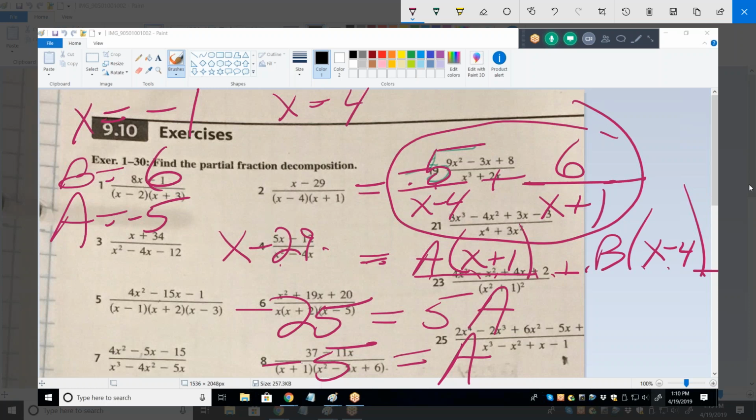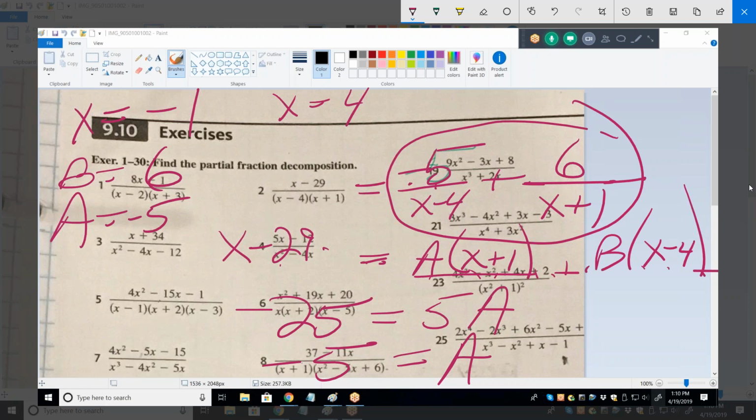Now, if B ends up being a negative number, then it's the first term minus the second term. That's right. So that's the easy way to do it.